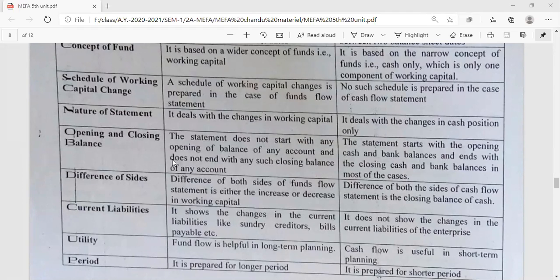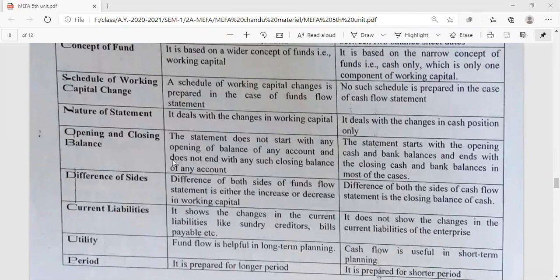Current liabilities: the fund flow statement shows the changes in the current liabilities like sundry creditors and bills payable. Current liabilities mean you have to pay some money to the creditors and bills payable. In the case of the funds flow, those are nothing but current liabilities.